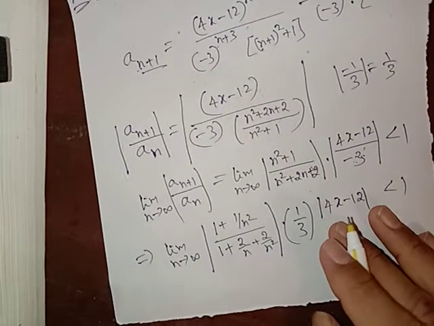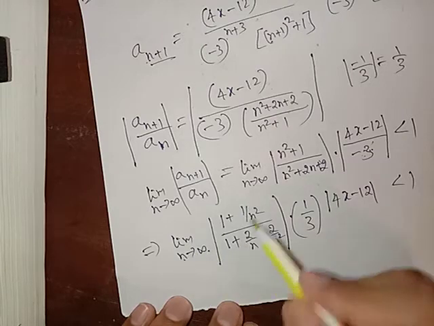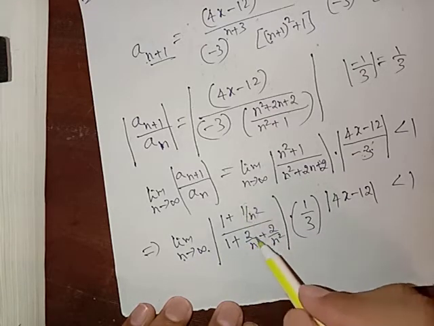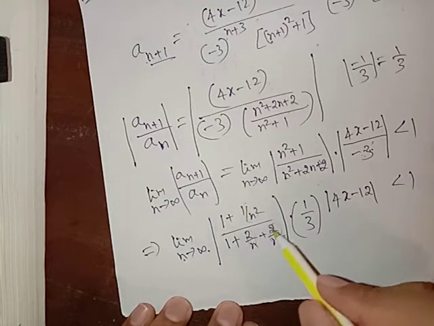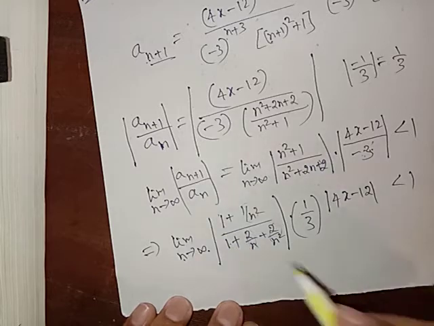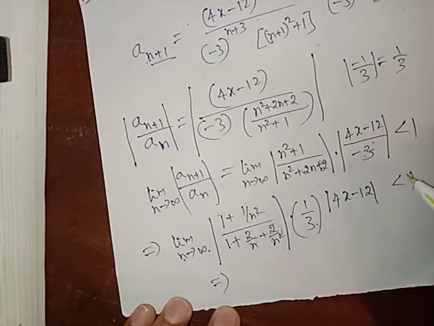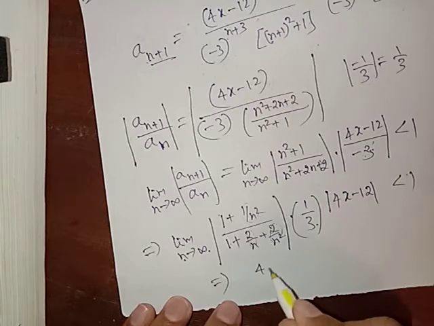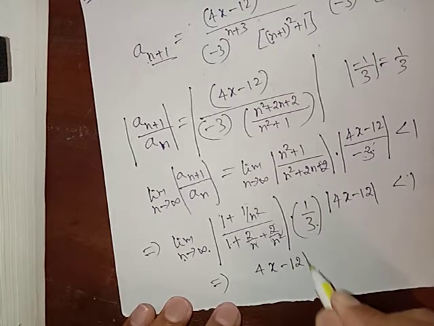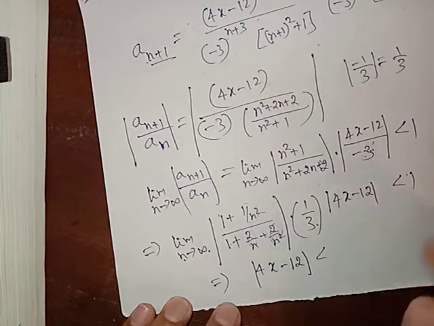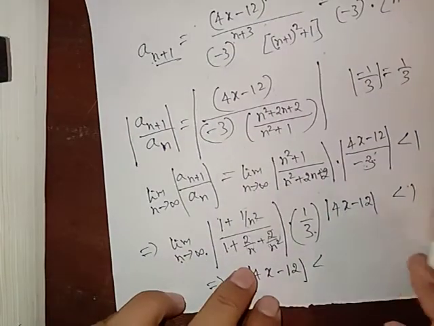Now as n tends to infinity, this becomes 0, this becomes 0, this becomes 0. 1 divided by 1 is 1, and we can take this 3 to here. So the modulus of 4x-12 is less than 3.